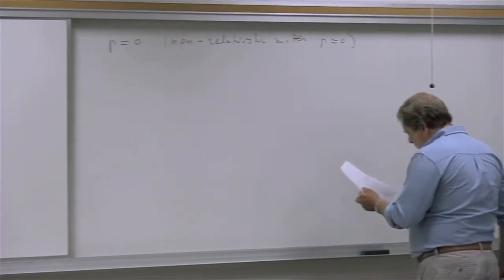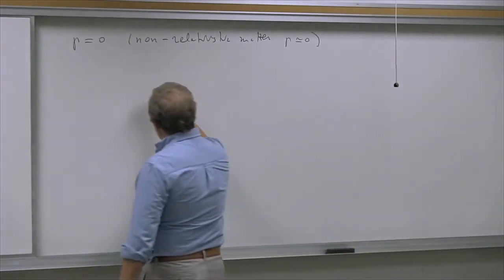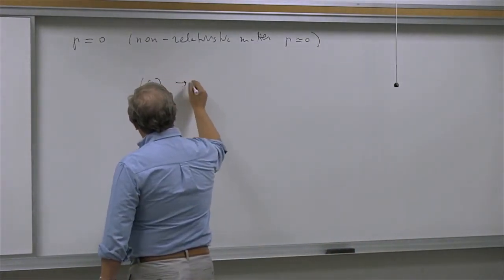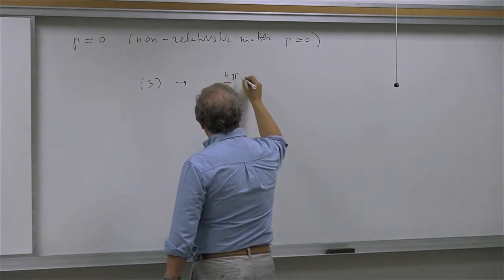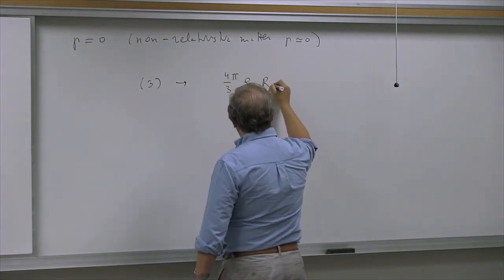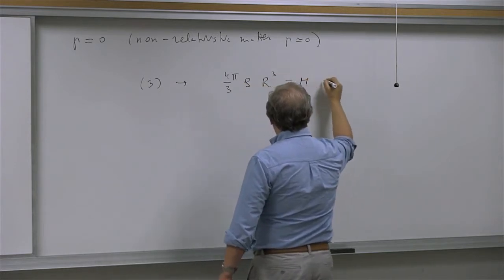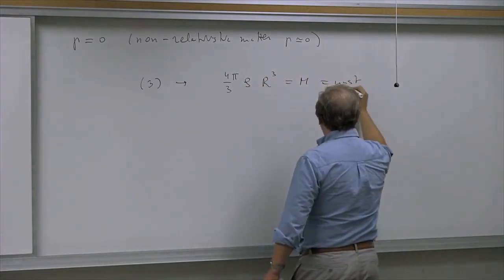And so that equation can be integrated immediately. Equation 3 tells us that 4π/3 times ρr³ is equal to M, some constant.